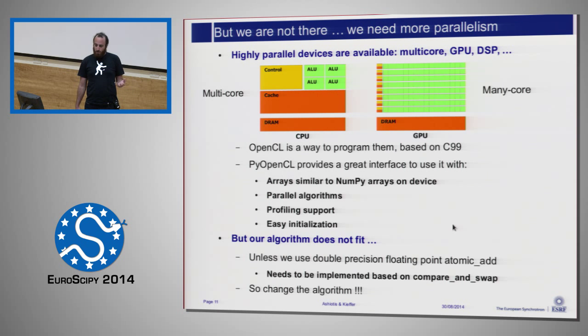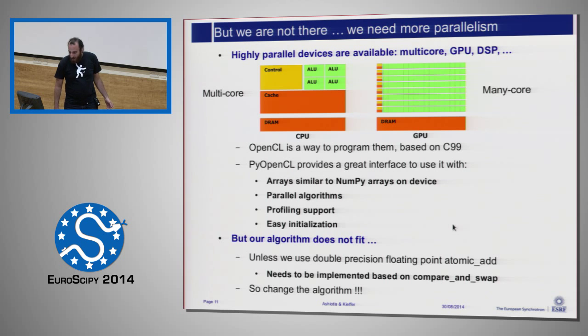There is also a C API, which is the standard from the consortium, but we choose to use the PyOpenCL module that makes it much easier to program with OpenCL by giving lots of shortcuts and facilitates coding.